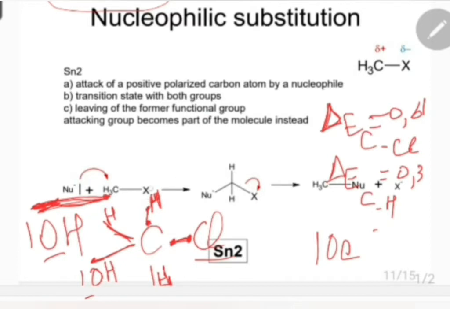So the electron of the hydrogen is closer to the carbon than to the hydrogen. So the hydrogen is somewhere here, which is far from its electron. And its electron is closer to the C. By this, it has a slightly positive charge. And here it's the opposite. This one has a slightly negative charge and this one has a slightly positive charge. Whereas in the CH, the C has a slightly negative and the H has a slightly positive.